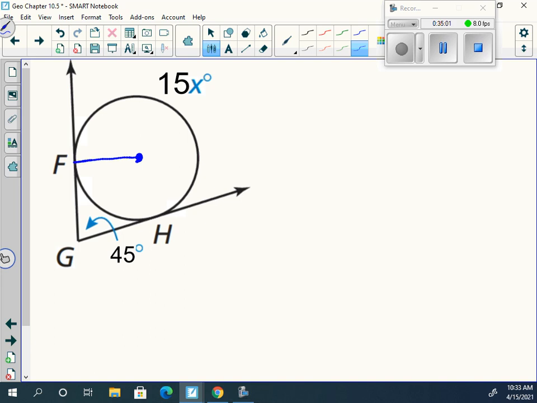Same creates the center of the circle and our inscribed angle. Now we need to go about finding x, or finding the value of x. So I'll give you a second if y'all want to draw this in.